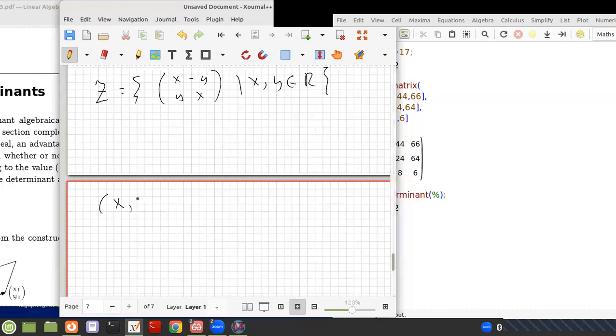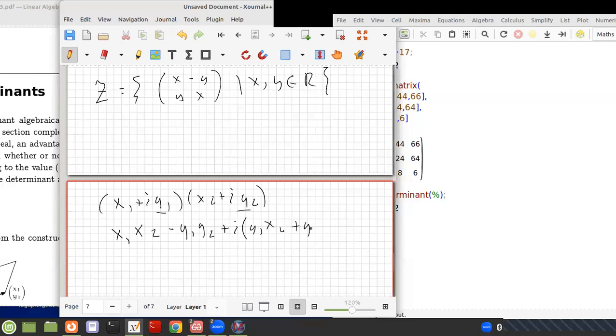two numbers, say x1 plus I y1, x2 plus I y2, and you use this rule of the square root, you can write, well, this is going to be x1 x2. Then I'm going to get a real term, minus y1 y2, plus I times (y1 x2 plus x1 y2).